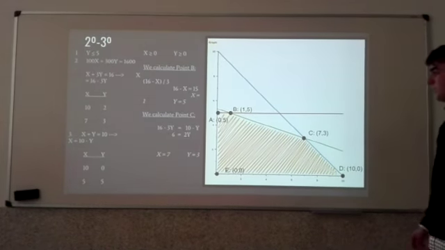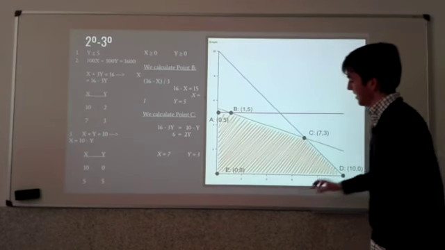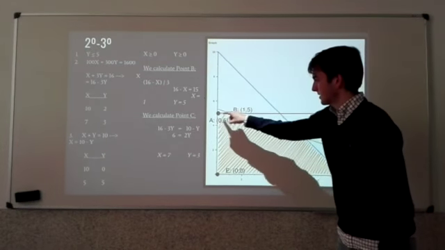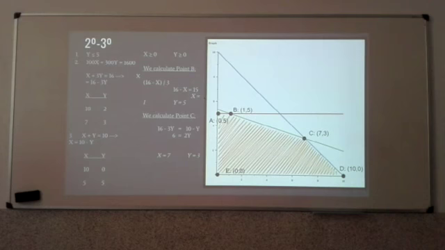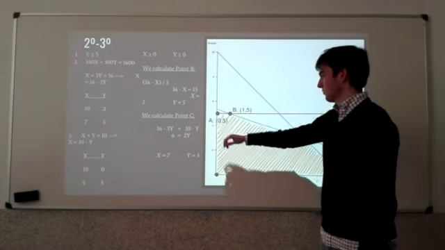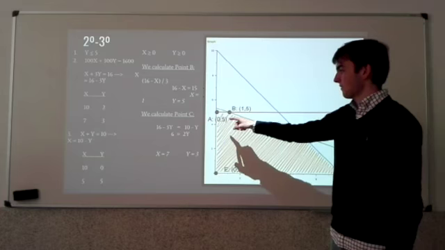So now we know that the solution has to be in this area, and we have to calculate all these cut points to solve the problem. To calculate point A, we already know it. It is x equals 0 and y equals 5.